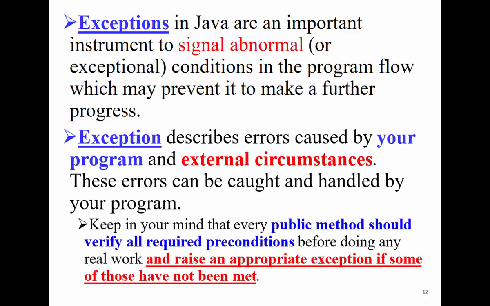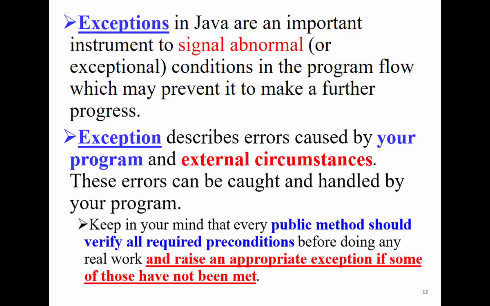We always say that the precondition is the responsibility of the client who is using your app. But as a developer, you have to avoid doing a wrong computation and returning a wrong result to the user. You might have to raise an appropriate exception to the user saying that, okay, I expect to receive a positive integer and you're entering a negative integer, or you entered a double value, or a string rather than an integer value.